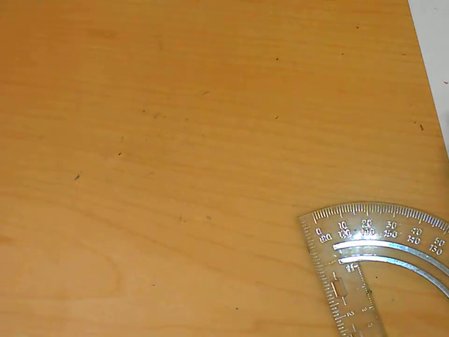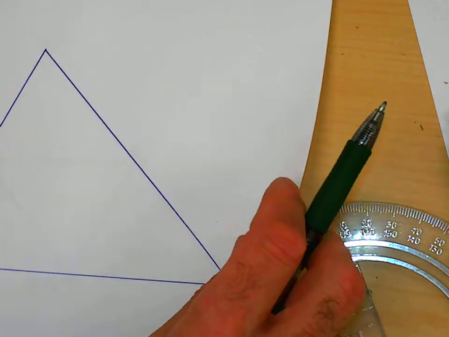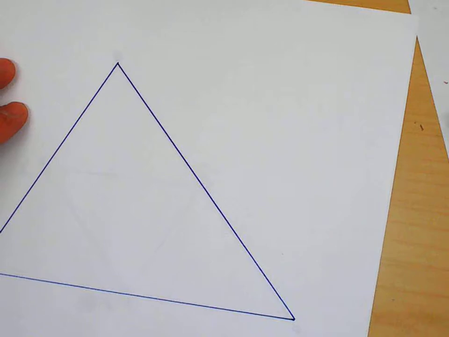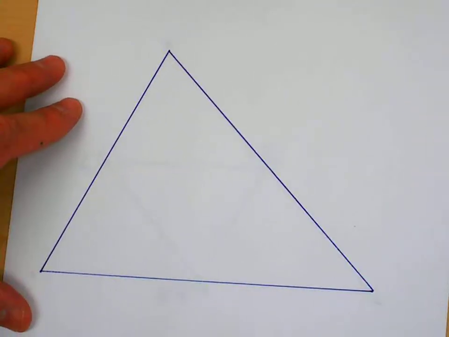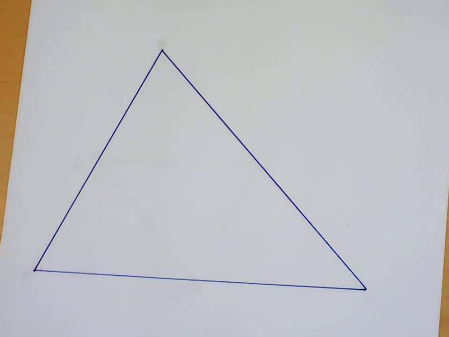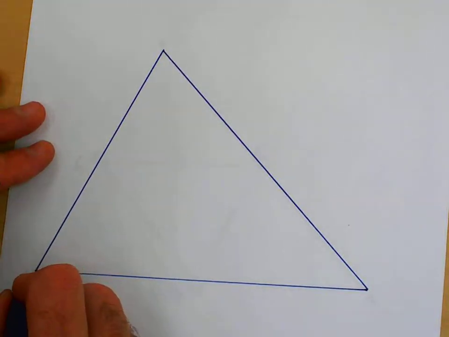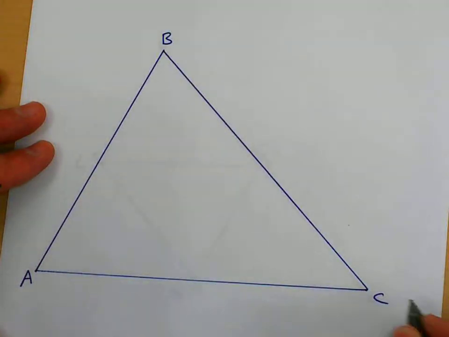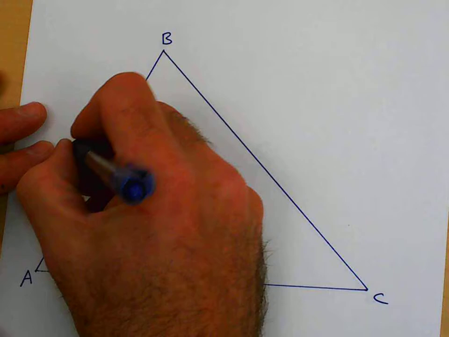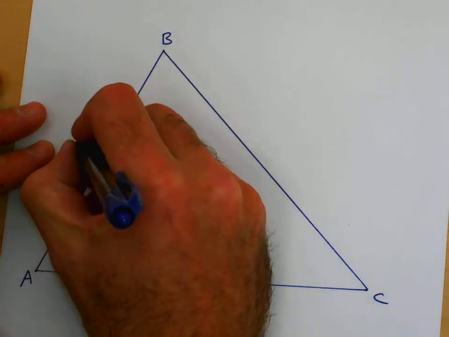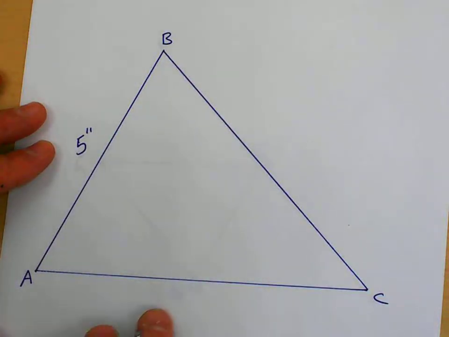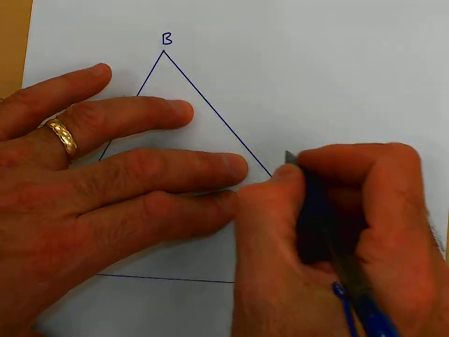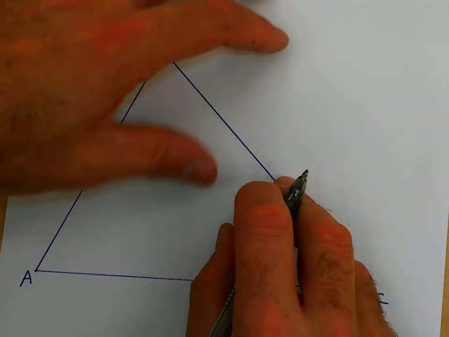Then from there, I would like to go ahead and look at this triangle with regards to not the Hinge theorem, but the mid-segment theorem. We're going to go ahead and say this is triangle ABC. That was 5 inches. This was 6 inches.